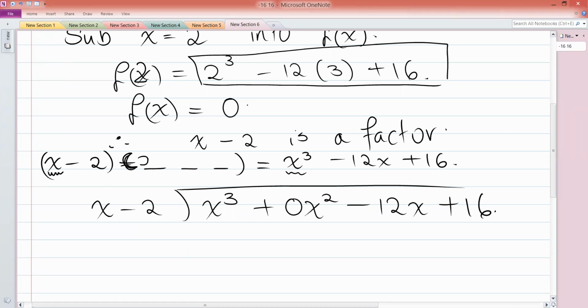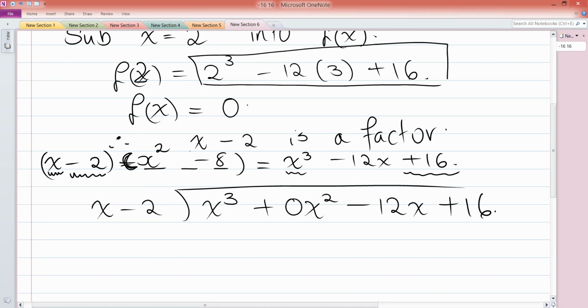That would be x squared, right? Yes or no? Yes, ma'am. Okay, now the trick is finding the middle term. What would I need to multiply negative 2 by to give me positive 16? Negative 8. Perfect, right? So negative 8.